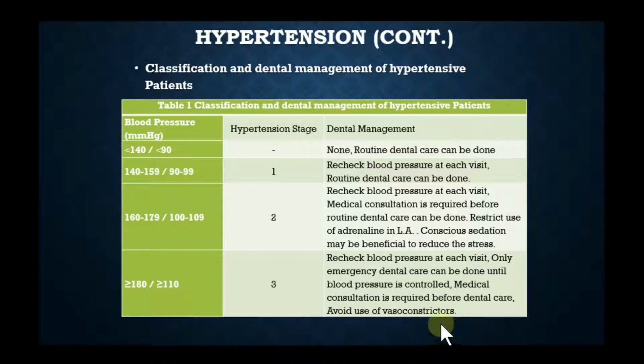So if we want to give anesthesia to such patients, it's best to give a plain anesthesia without vasoconstrictor. As we can see, the dental management differs from one category to another. So for hypertensive patients, we should know the blood pressure readings before we commence our dental treatment.